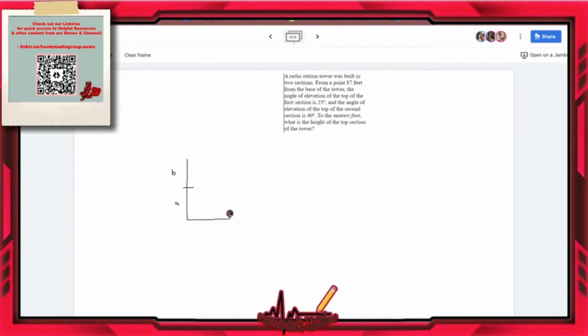This is going to be 87 feet, and this is the point it's talking about. From there, the angle of elevation to the top of the first section is 25 degrees, and the angle of elevation from that same point to the top of the second section is 40 degrees.